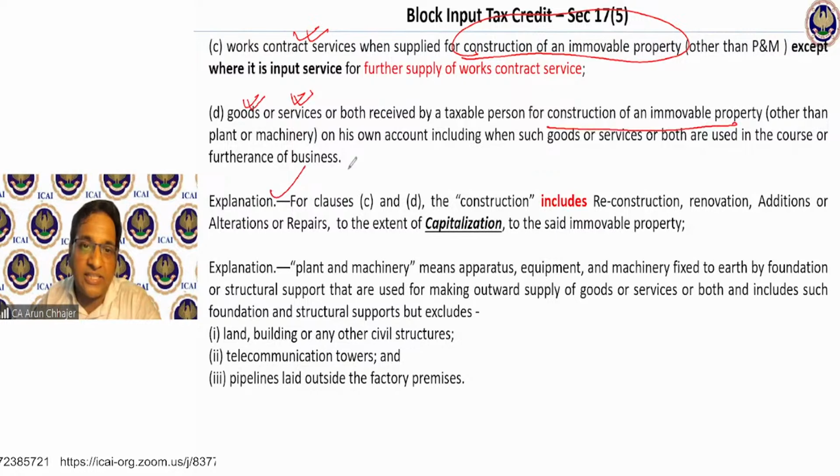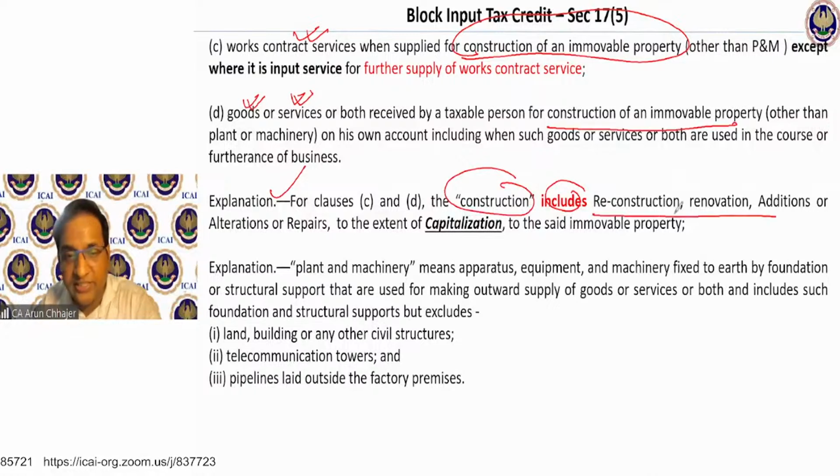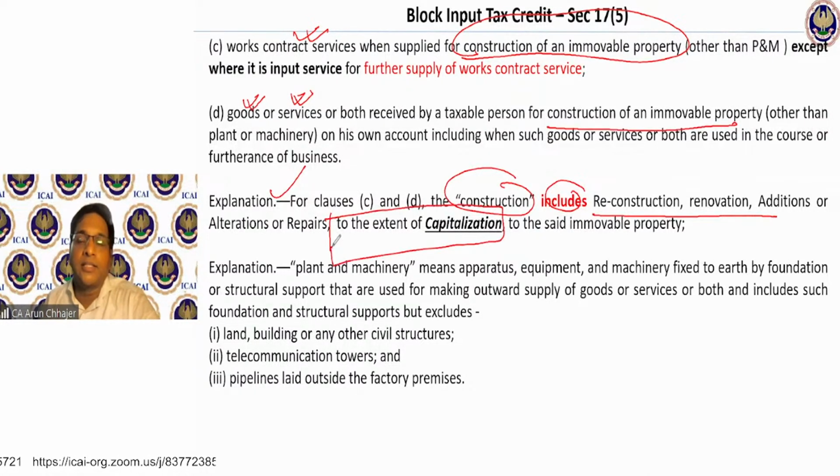The first explanation says that construction includes reconstruction, renovation, etc. to the extent of capitalization. Suppose there is a small repair construction that will not be capitalized and will be part of my profit and loss account. Is that construction in the block category?